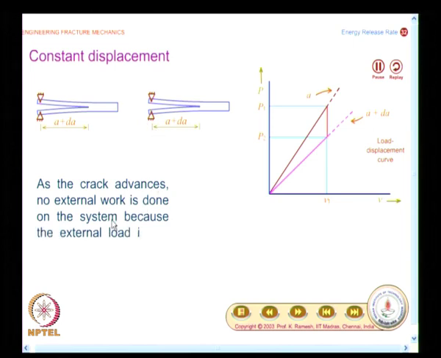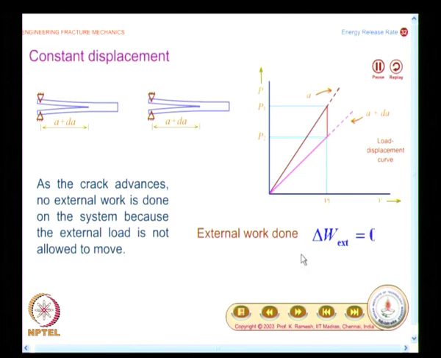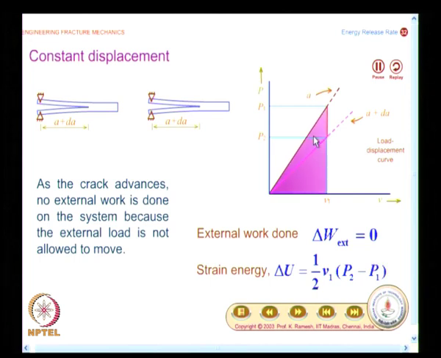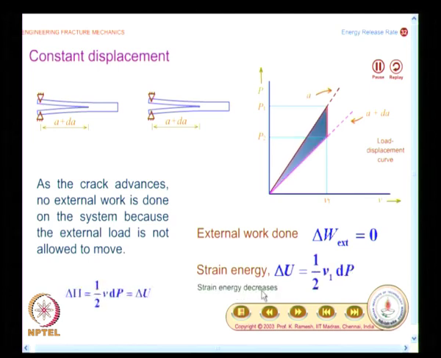In view of this, external work done is 0, and you get the change in strain energy by looking at the final strain energy and the initial strain energy, and you find strain energy has decreased in the process, and the potential energy what you get is equal to delta u, but this change is negative. And what is the energy availability? Again this triangle.